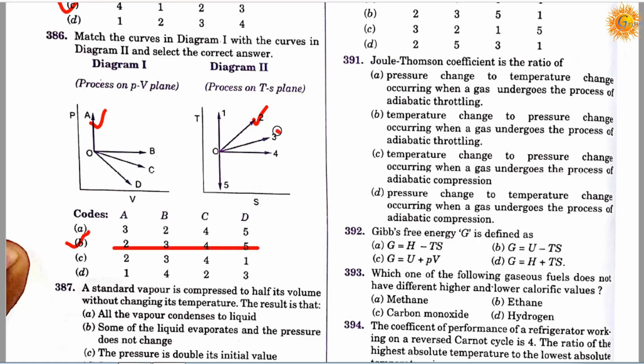The line C in the PV diagram will be connected to the fourth, and the line D in the PV diagram will be connected to the line in the TS diagram of the 5.